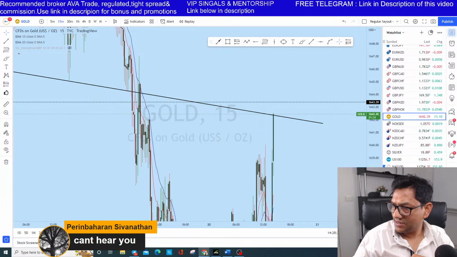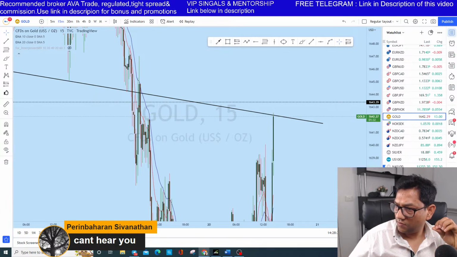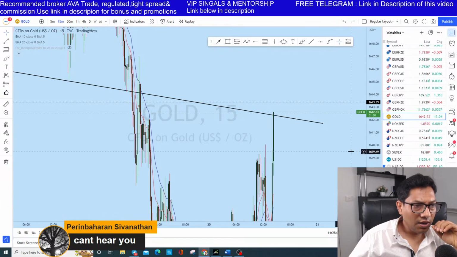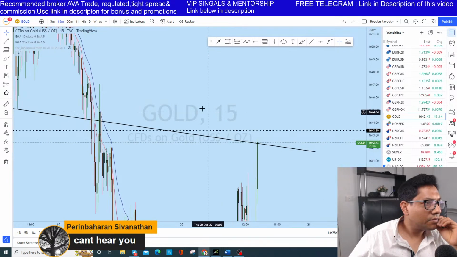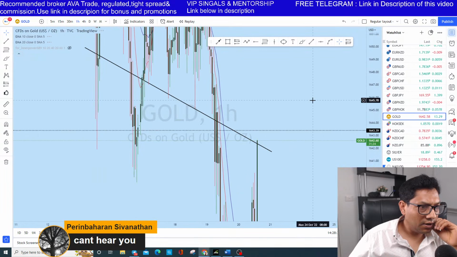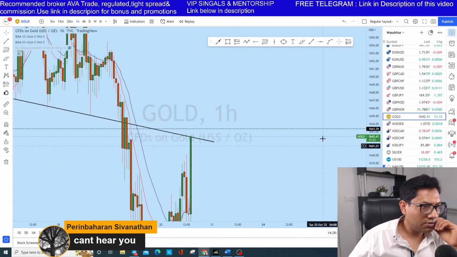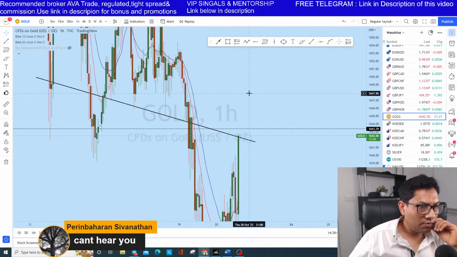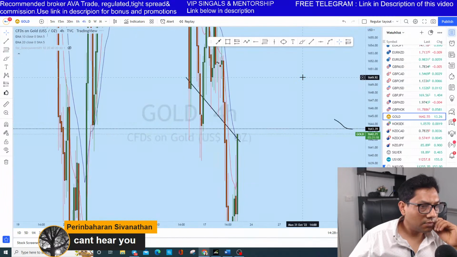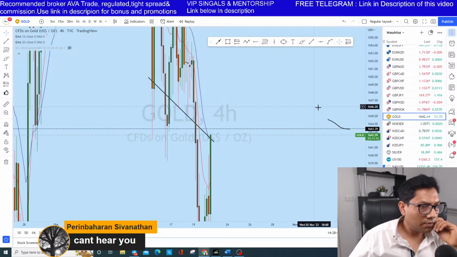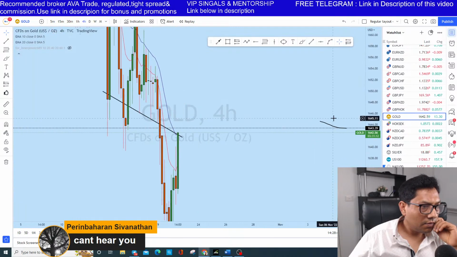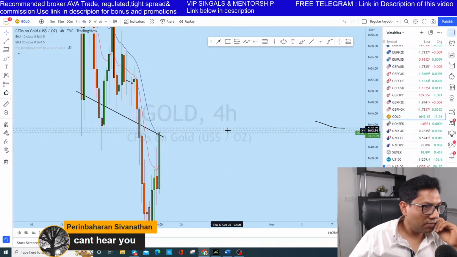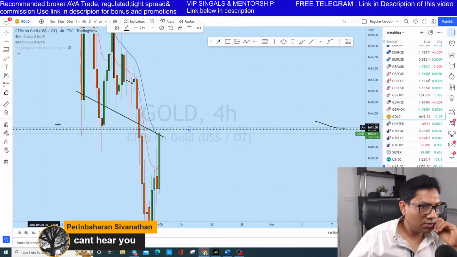It just tested its previous bottom last night. I think it's coming for this previous support zone. Let me draw this one here.